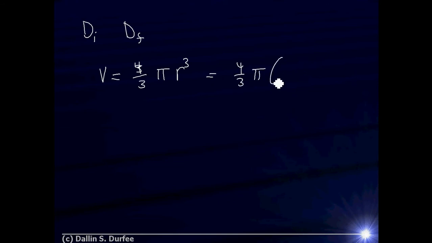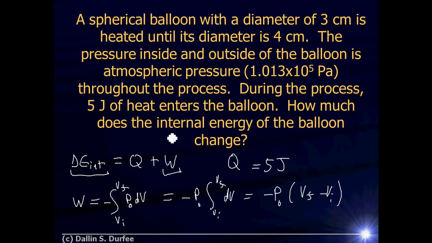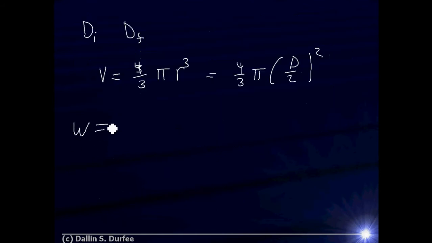Alright? So what we're given is an initial and a final diameter, so all we need to know for this problem is that the volume of a sphere is 4/3 pi r cubed, or 4/3 pi diameter over 2 cubed. And so our answer for the work is going to be: work is equal to negative atmospheric pressure times the volume final, which is 4/3 pi.